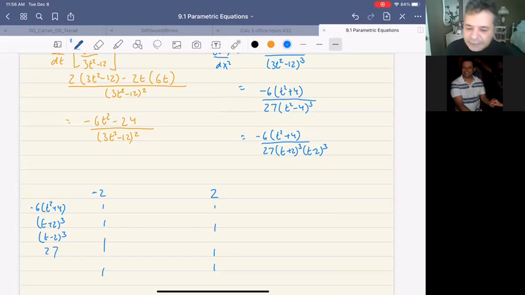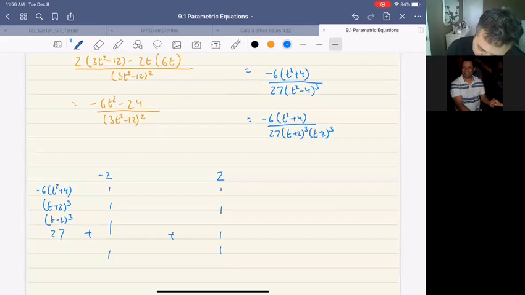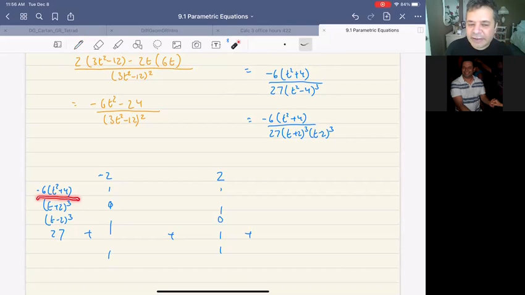Now, 27 is always positive, so I don't worry about that. Negative 6 times t squared plus 4 is always negative because of the negative 6. t plus 2 cubed changes from being negative to positive at negative 2.